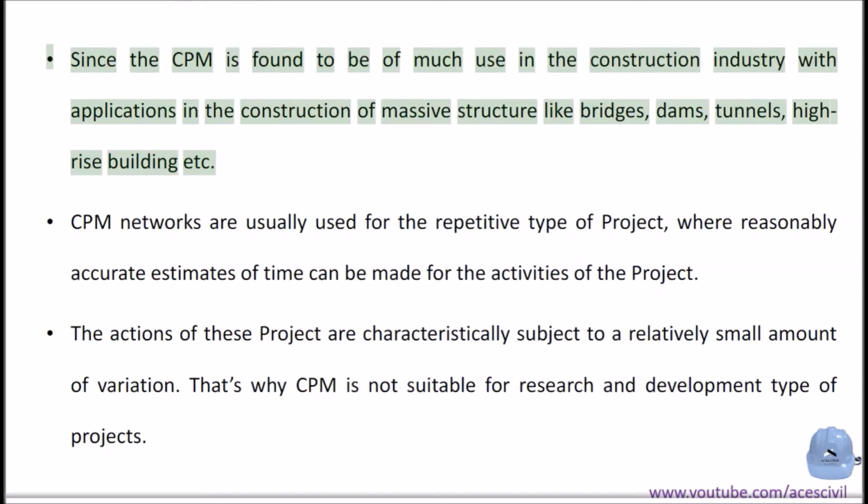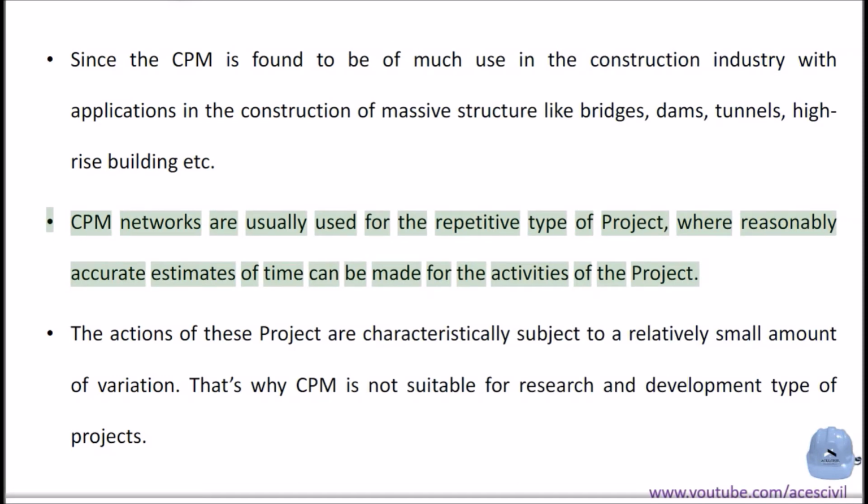Since then CPM has been found to be of much use in the construction industry, with applications in the construction of massive structures like bridges, dams, tunnels, high-rise buildings, etc.